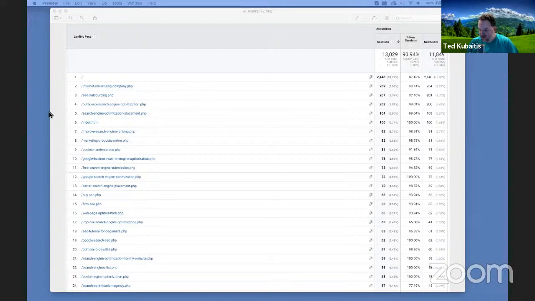I can see that most of the traffic came to the home page, but then all these keywords that I'm testing, they all got traffic and sessions. And so I know that these are keywords that I can generally rank for easily. And I didn't have to test each one individually.